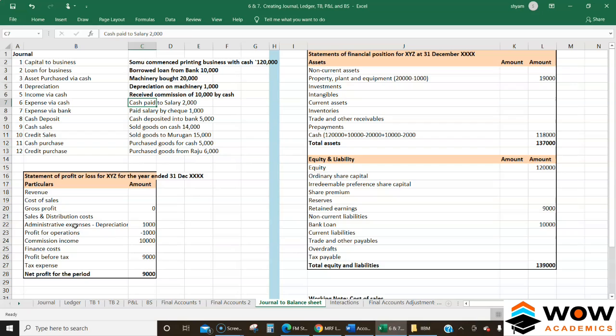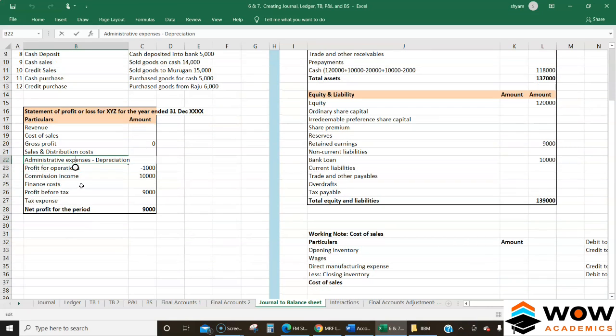So again, we'll show it under admin expenses. As we have several expenses, it is better to show admin expenses separately. So we'll have depreciation shown as 1,000, and we'll also show the salary separately. Salary was 2,000.